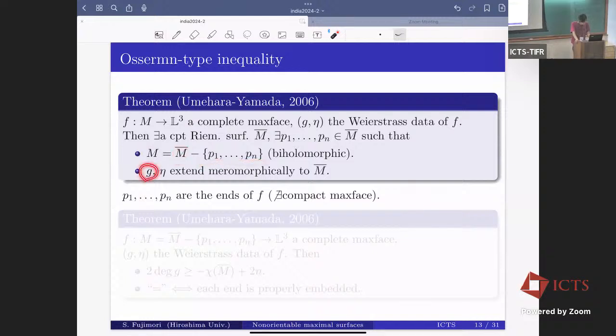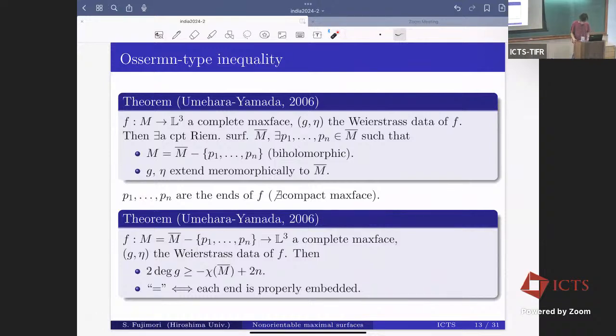And these Weierstrass data, G and eta, extend meromorphically to M bar, this compact Riemann surface. And these points correspond to the ends of the surface. So we don't have a compact max face.